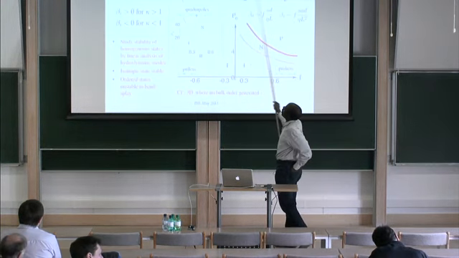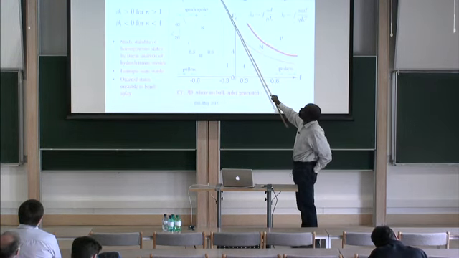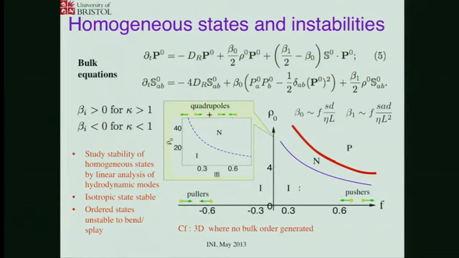We're going to do linear stability, so I'm going to look for steady states. I'm going to set the left-hand side to 0 and look for solutions of this equation for the magnitude of P or S, where P is the magnitude of the polar order and S is the magnitude of this second-rank tensor, the trace.